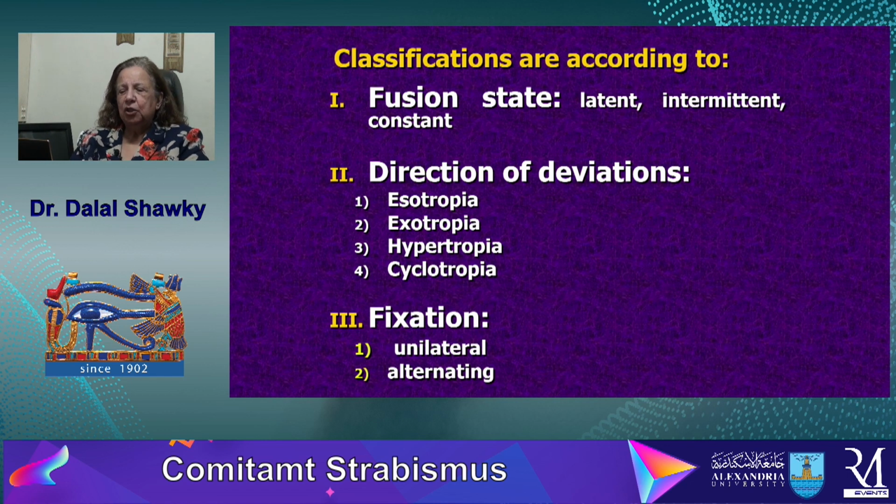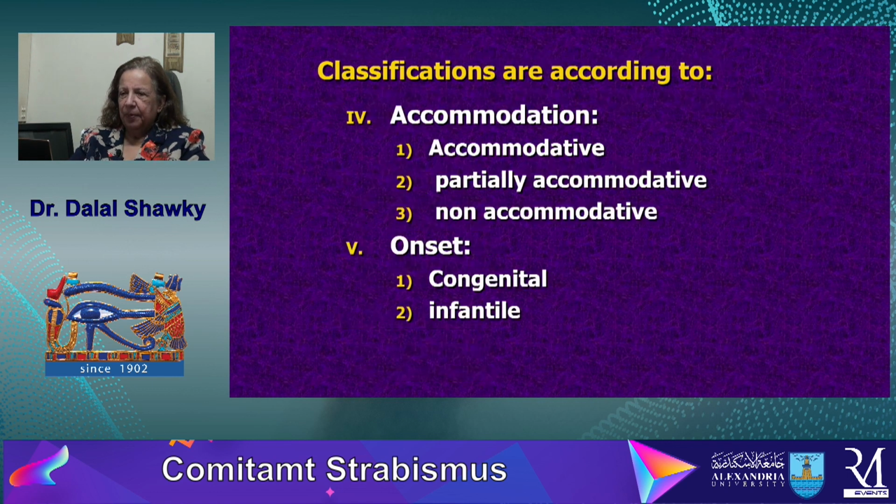According to fixation, the strabismus might be unilateral, which is the bad type, and might be alternating, where no amblyopia in this type. Also, according to accommodation and relation to accommodation, might be accommodative type, fully corrected when accommodation is cured, excessive accommodation, by wearing the glasses.